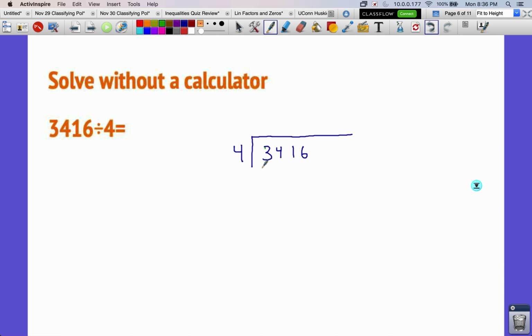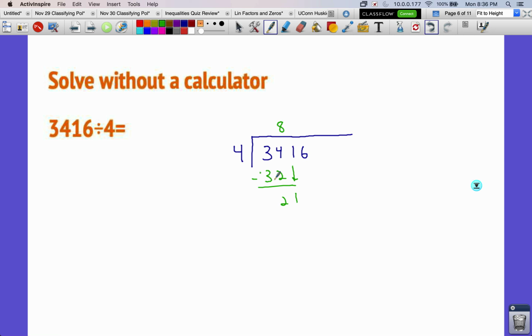So I go to the 3 first to say how many times can 4 fit into 3? 0 times. So now you shift one place value down. Now you got 34. How many times can 4 fit into 34? It can fit in 8 times, because 4 times 8 is 32. And now we have 2 left over.